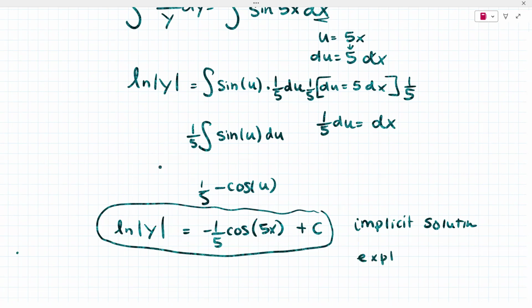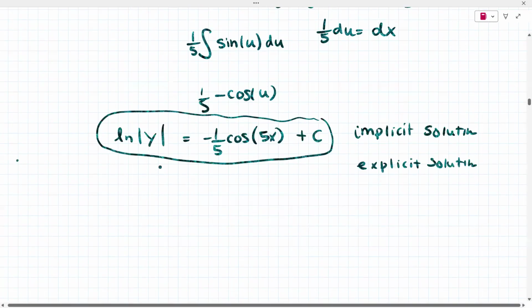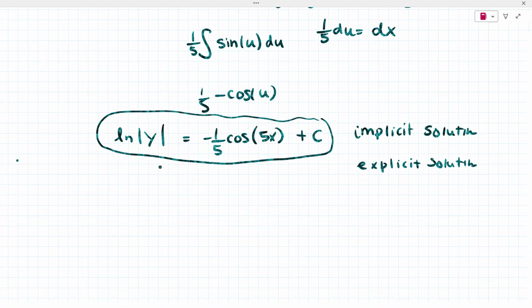So let's try to get the explicit solution. What is the explicit solution? It's basically when you get y by itself. Sometimes it's not possible, sometimes it is. Can we get y by itself? I think we can. You have an ln, so to get rid of this ln, you have to raise everything to the e.